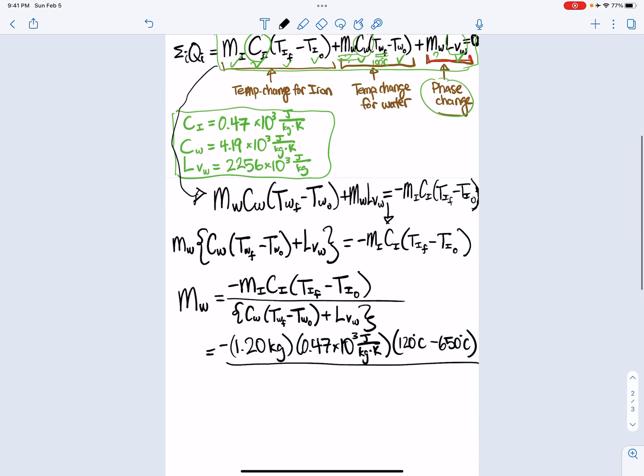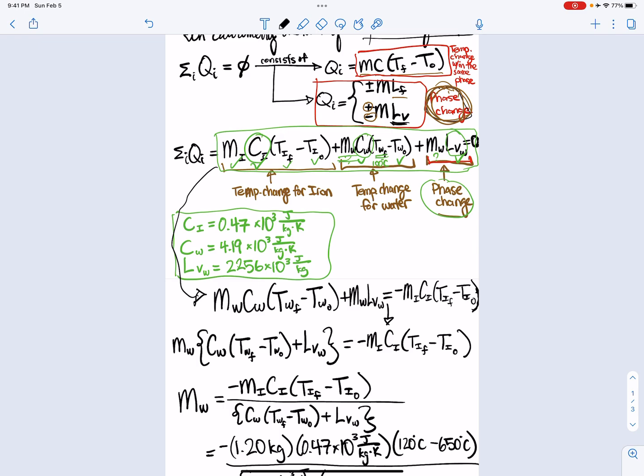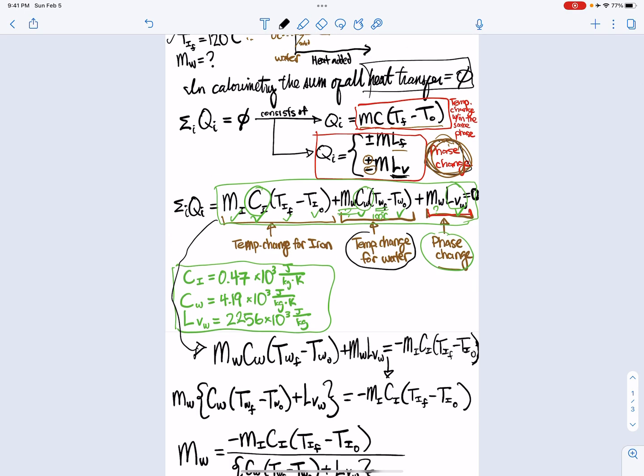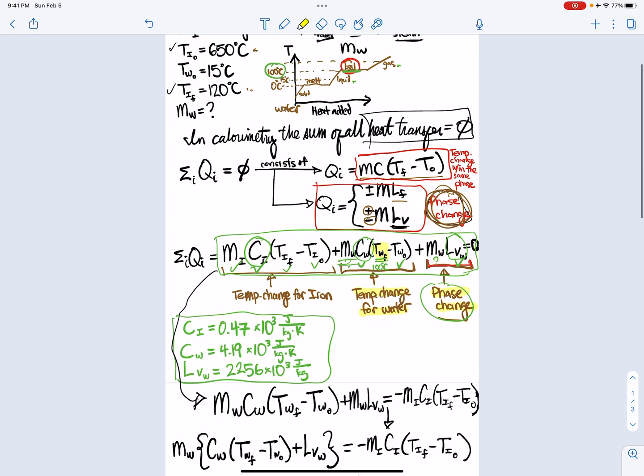specific heat of water, that is 4.19 times 10 to the third joules per kilogram times Kelvin. And that is multiplied by the change of temperature in water. And again, remember, for temp change of water, the final temperature of water, in order to experience phase change, what is it?